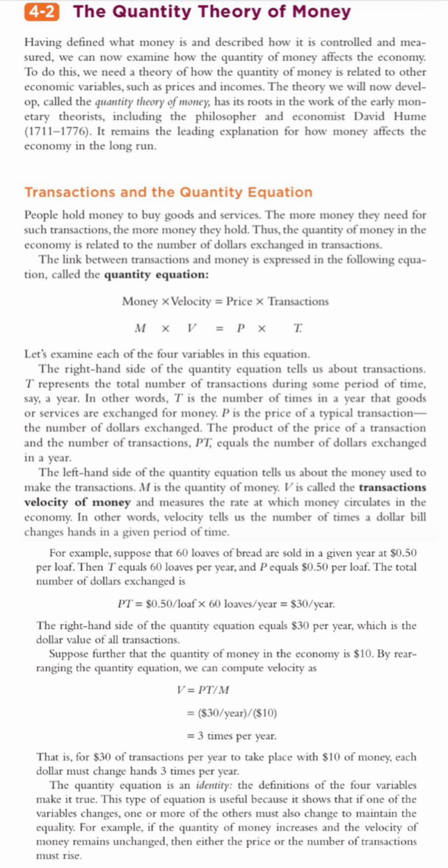That is because the rate of transactions is 3 times per year. So on average, each dollar has circulated in the whole economy 3 times, from supplier to customer to supplier to customer. This is how it circulates.